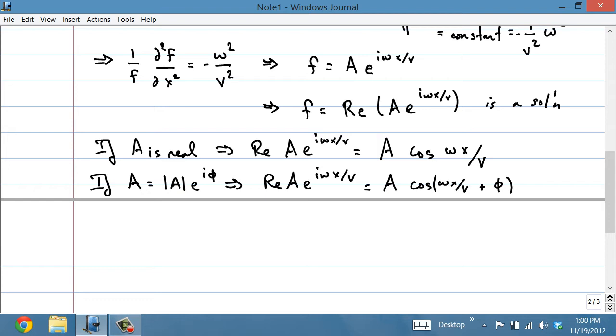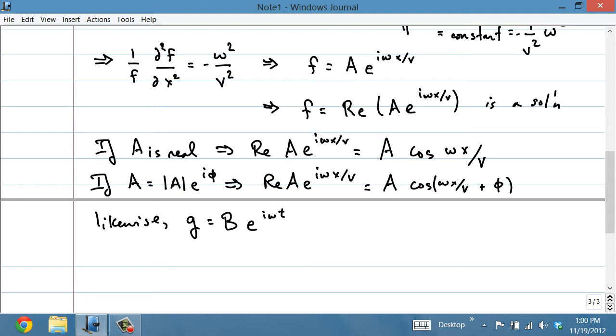And likewise for G, G would have a complex solution that's given by some complex constant, which is just a constant of integration, times e to the i omega t. And this then explains why it is that I chose omega as the name for my parameter.